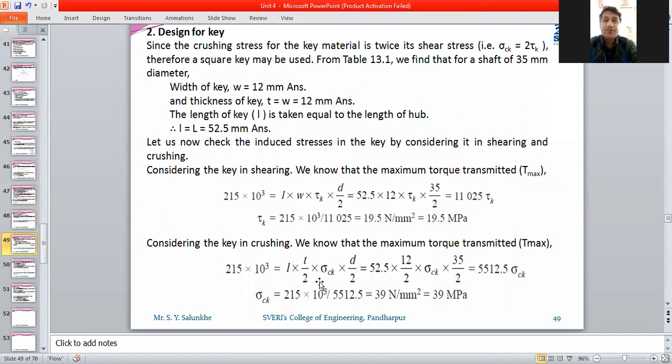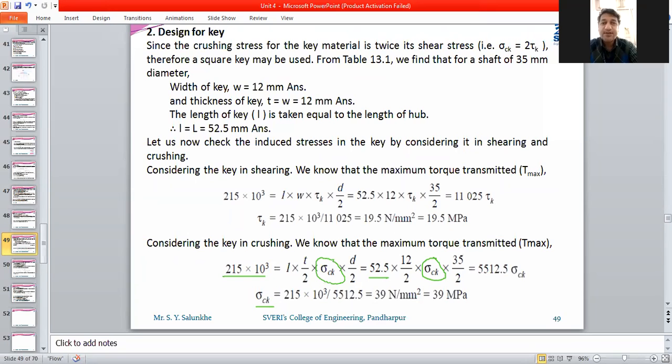Now we have to check it for crushing stresses. For crushing stress, we know that the total torque transmitted by means of the key is equal to L multiplied by T by 2 into the allowable crushing stress multiplied by the radius of the shaft, that is diameter divided by 2. Now L is 52.5, thickness is 12 millimeter, so 12 divided by 2, and the diameter of shaft is 35 divided by 2.